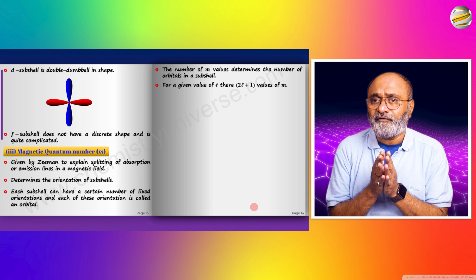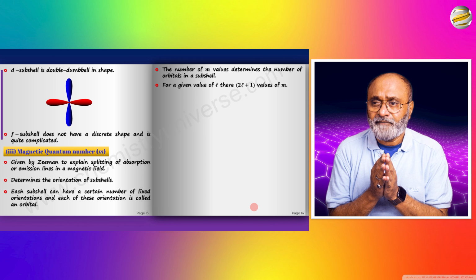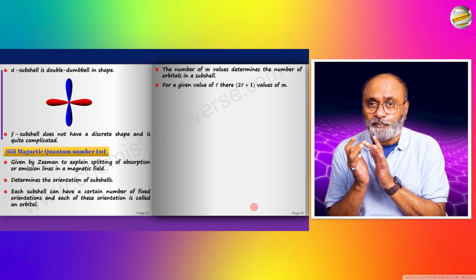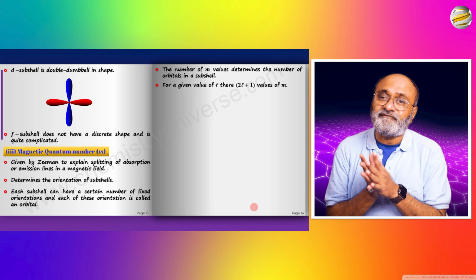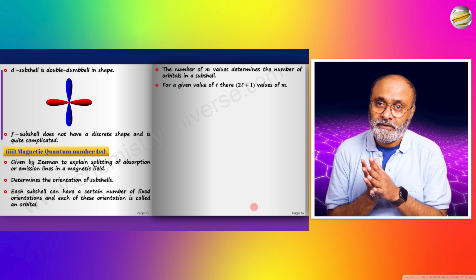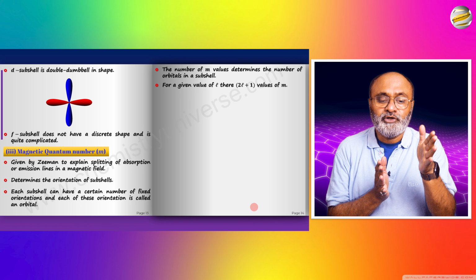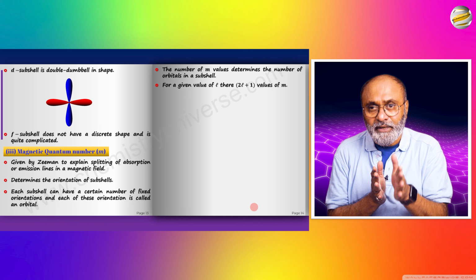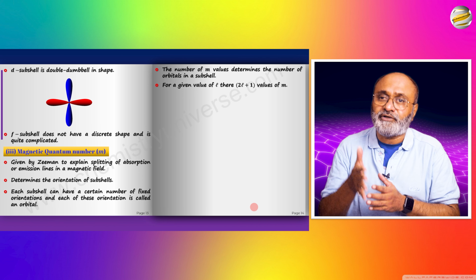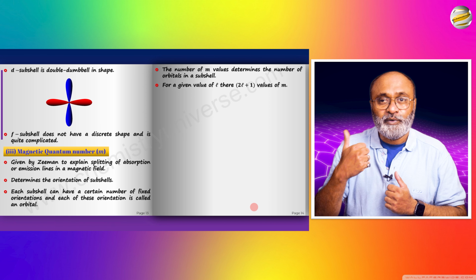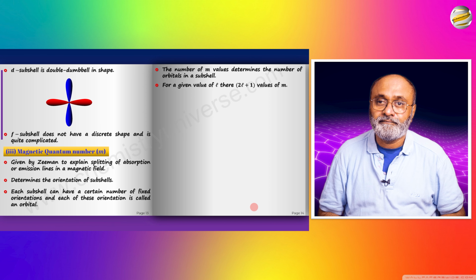The value of M will go from minus L to plus L with an increment of 1. So if L is 3, you have minus 3, minus 2, minus 1, 0, 1, 2, 3. So minus L to plus L with an increment of 1.